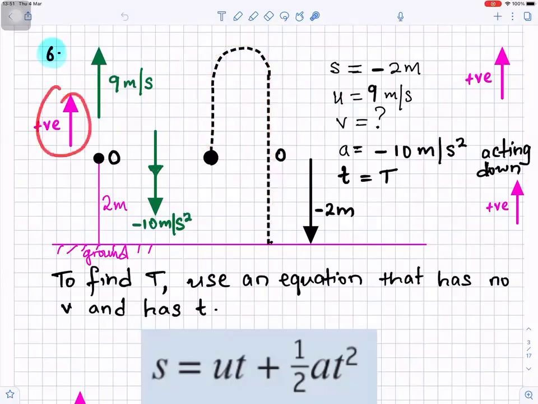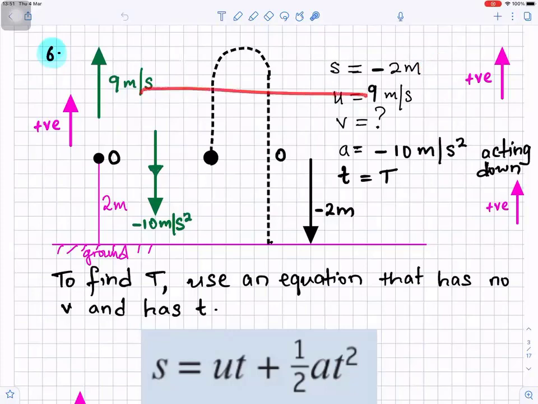Going up is positive, so the initial speed is 9 meters per second. If that's where you start when you first throw it, and that's where it ends, the displacement is minus 2 meters, because it's below, and going down is negative. So it's minus 2 meters.